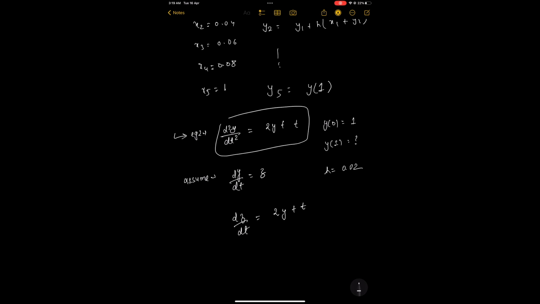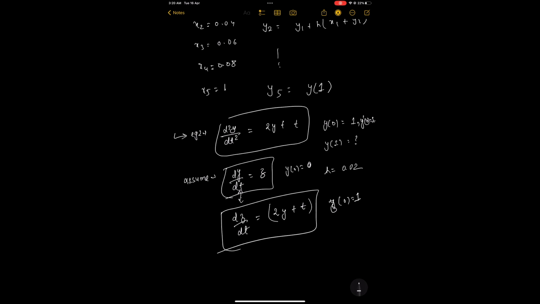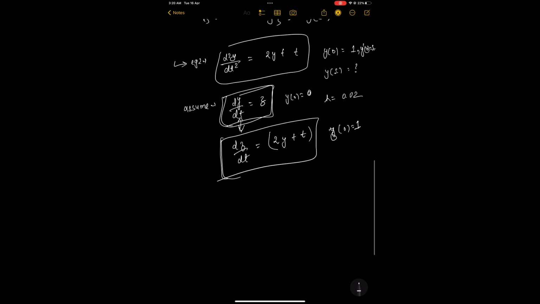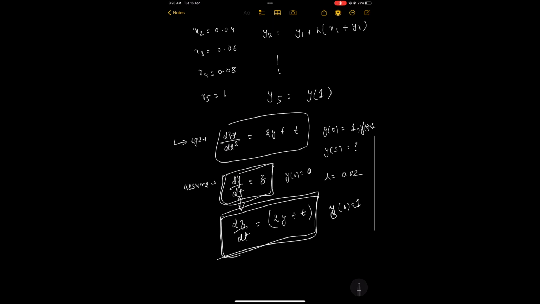Now we have two equations. For this problem two initial conditions are required: y of 0 equals 1, and y dash 0, suppose it is also given as 1, so we have z of 0 equals 1. Now you can easily solve this system of two first order differential equations using Euler's method, and finally you can solve this equation.